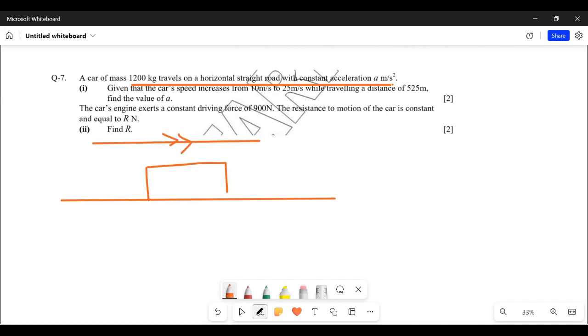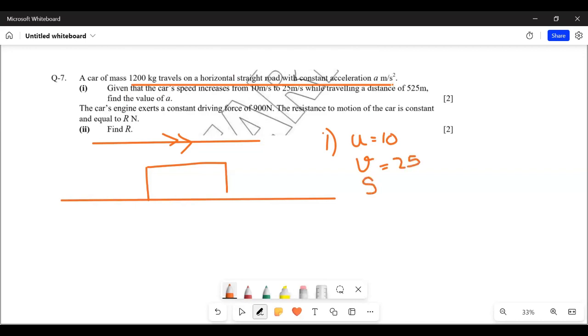Given that the car speed increases from 10 to 25 while traveling a distance of 525, find the value of a. Okay, so part 1 does not require the figure. It says that the initial speed was 10, so u is 10. The final speed is 25, so v is 25.